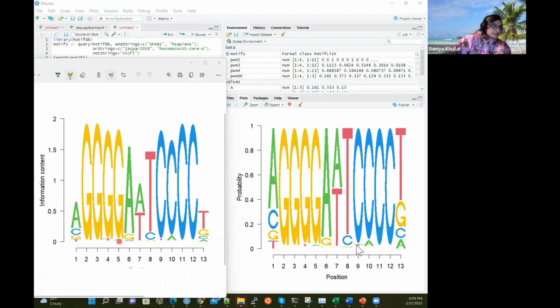But in position 4, there is some amount of T, which is what drives this down, and some amount of A here. And in position 6, we can see that there is A, and to some extent G, but more A. This G is relatively taller than this G here, which makes it a bit more uncertain about this majority base A, which is what drives down its height here.